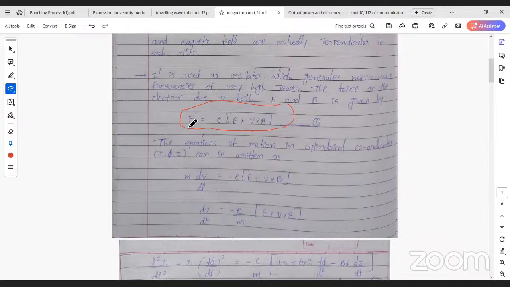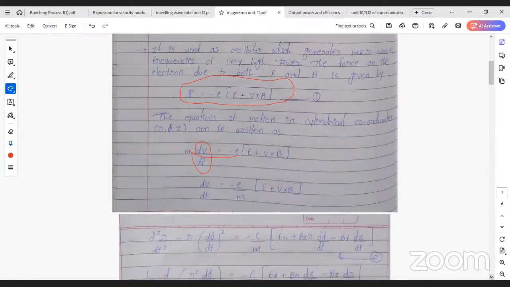From F equal to ma, the acceleration is written as dv by dt equal to minus e times (E plus v cross B), and m is shifted downwards. So dv by dt equal to minus e by m times (E plus v cross B).